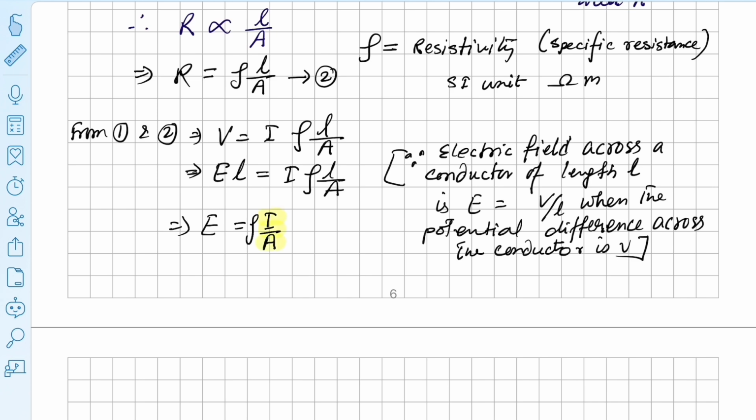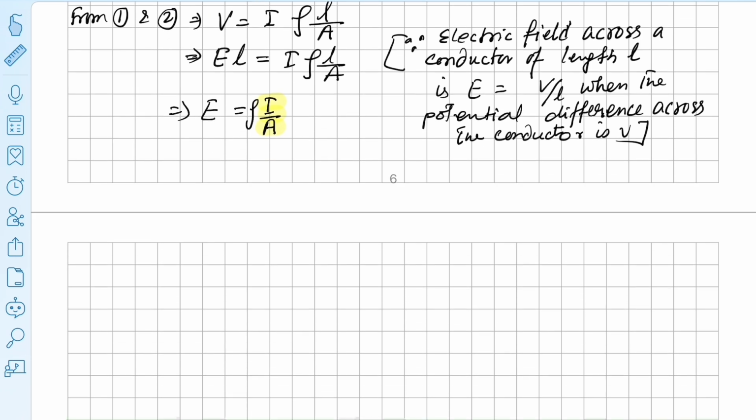Now here we have got another quantity, that is I by A. This I by A is nothing but the magnitude of current density.